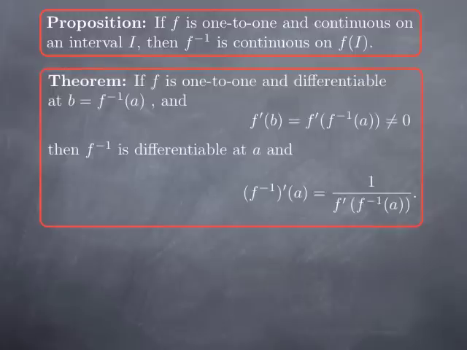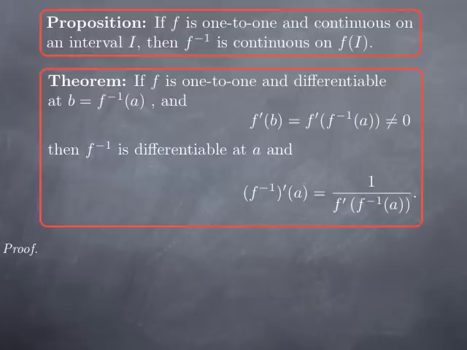And regarding differentiability, if the function f is one-to-one and differentiable at a certain point b, that I'm going to write as the inverse image of a, and the derivative of f at b is non-zero, in other words, at that point b, the graph of f does not have a horizontal tangent, then f inverse is differentiable at a, and the derivative of f inverse at a is given by the reciprocal of the derivative of f at b. So let's try to see why that is true.